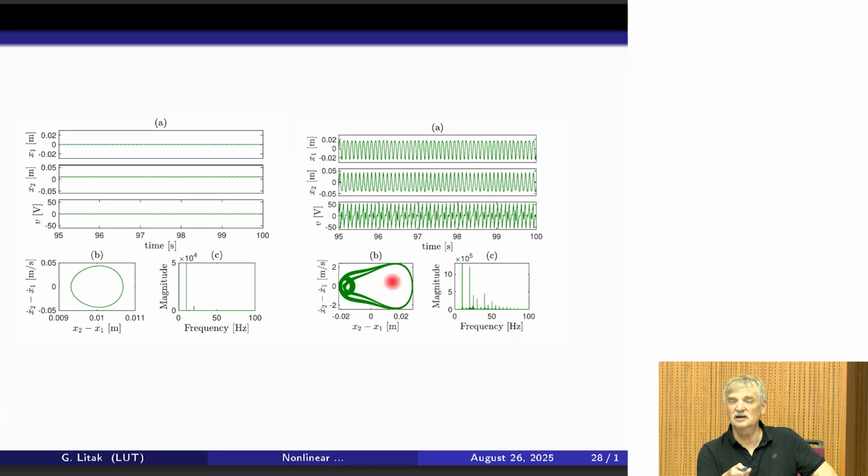We can look more carefully because there is no continuous band. If we have some continuous distribution of the frequencies, we can tell about a chaotic solution. But these are still some individual peaks. So it could be that this is still a multi-frequency response, but not chaotic. Chaotic is that you have some band, not just individual peaks.